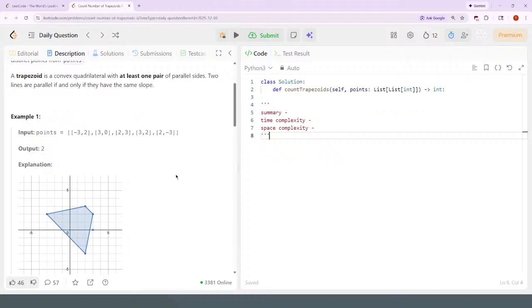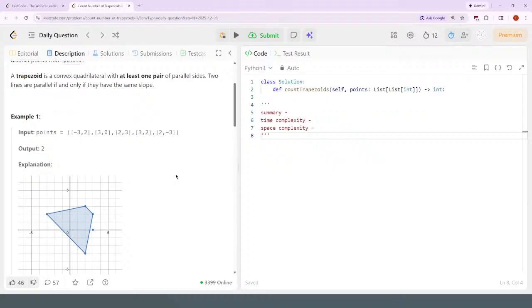How do I want to deal with slopes? Maybe reduced fractions. I'm trying to determine if two decimals will always be equivalent.